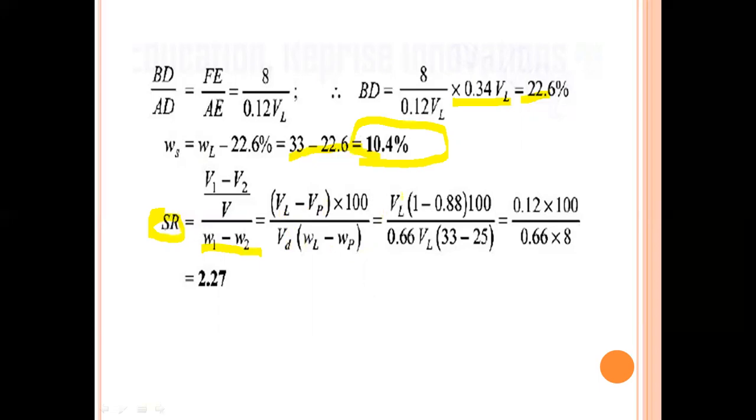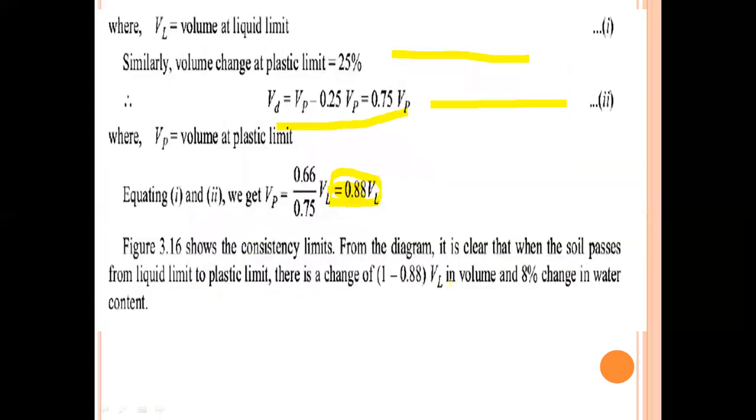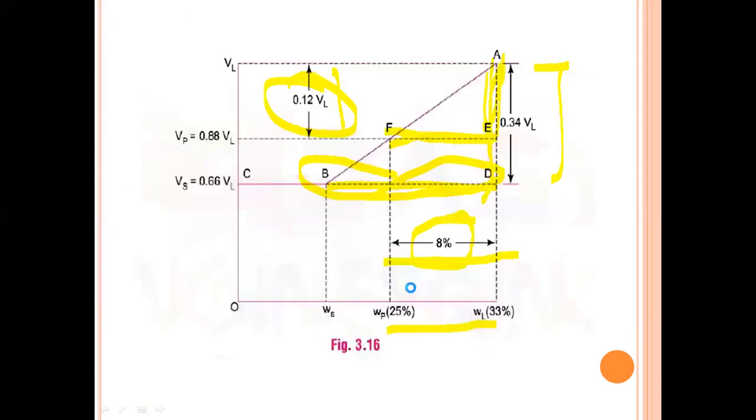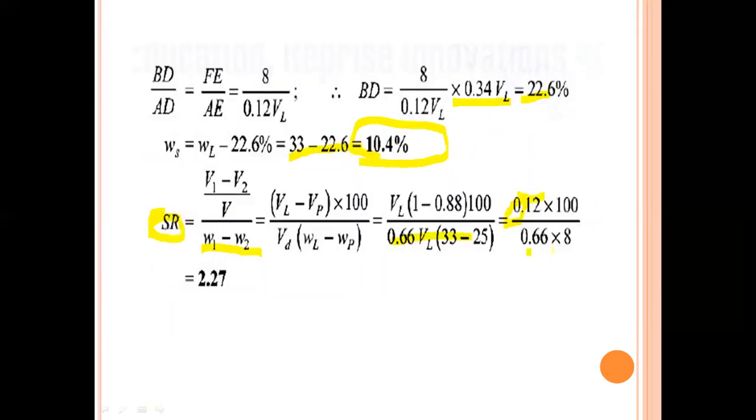VL minus 0.88 VL into 100 divided by 0.66 VL into 8, and VL is 0.12 into 100 and 0.66 into 8, that equals shrinkage ratio 2.27. VL value substituted and then calculated, final value SR is 2.27.